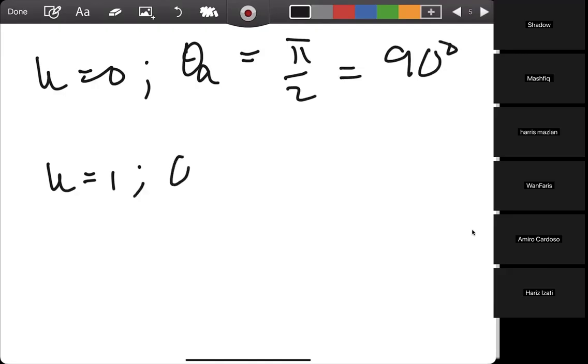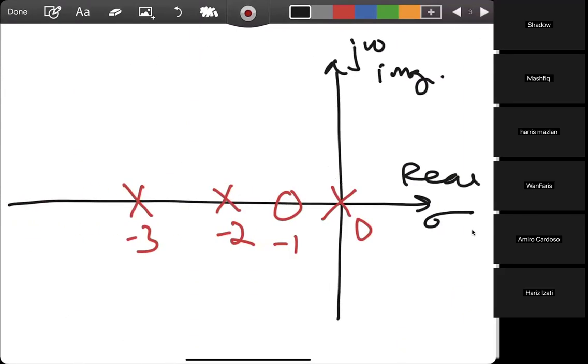And when k equal to 1, which is 3 pi over 2, which is 270 degrees. So therefore, the root locus starts from the poles and ends at zeros.